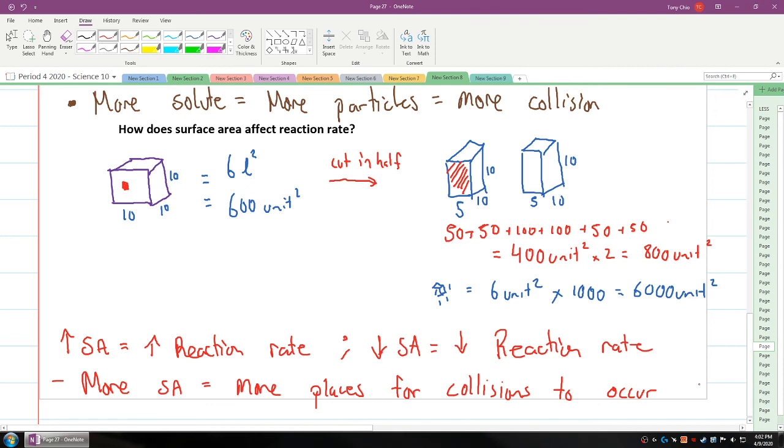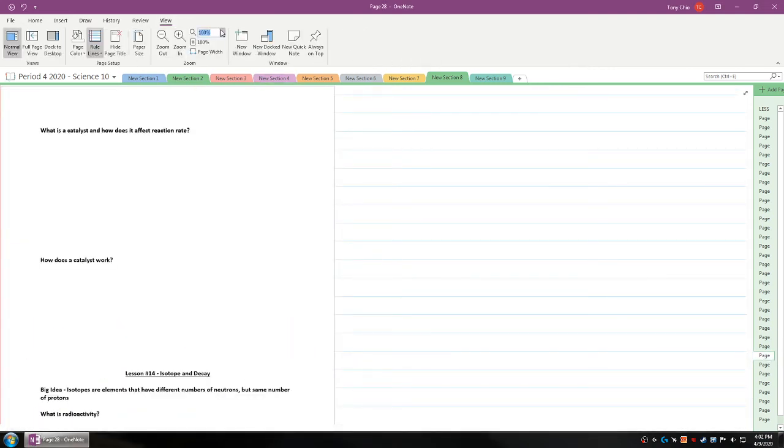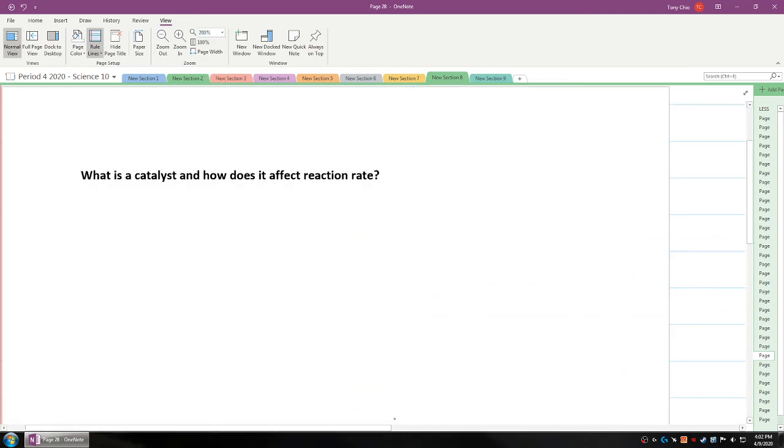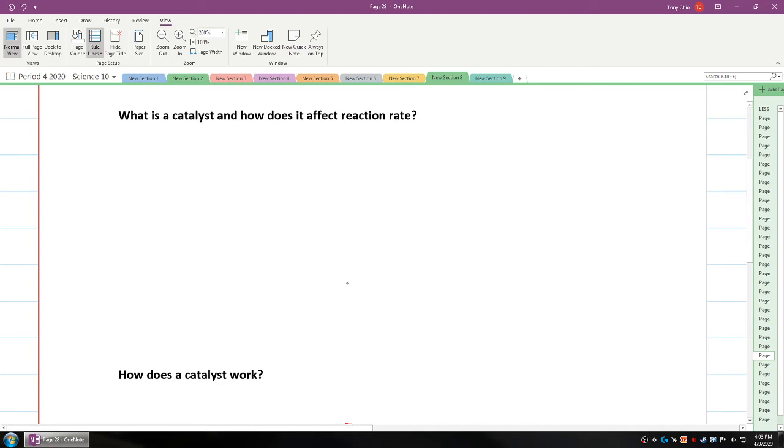So that's surface area. Our last one is going to be about catalysts. Now, a catalyst is a type of chemical that could speed up a reaction. You actually have many catalysts in your body. We call those enzymes.